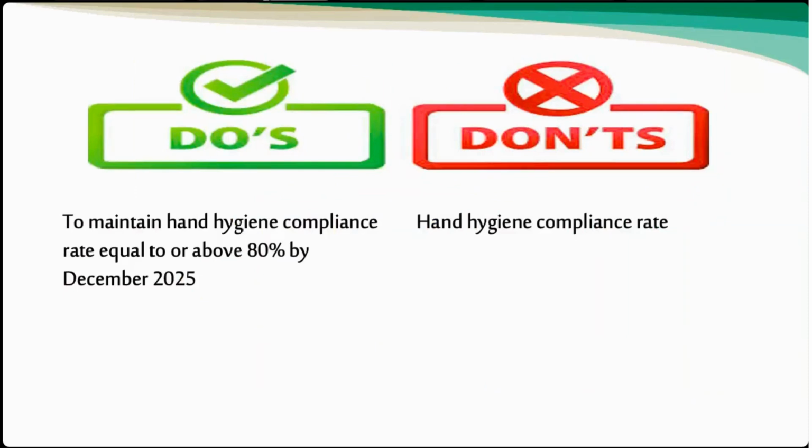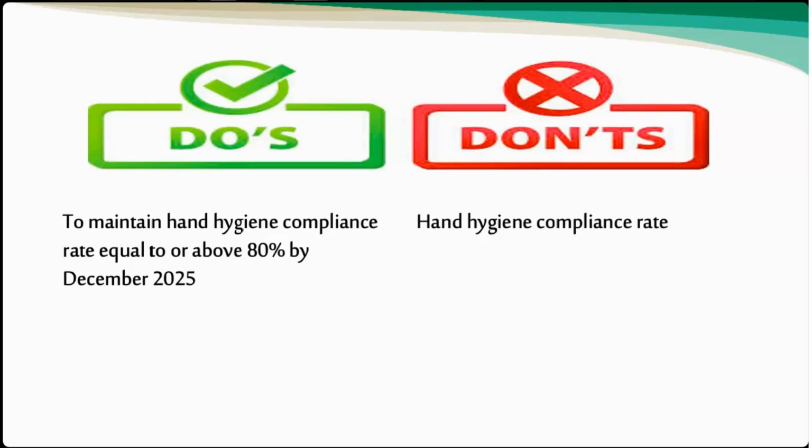So this is an example of how to write an objective. A SMART objective: to maintain hand hygiene compliance rate equal to or above 80% by December 2025. Why can we not use just hand hygiene compliance rate? Because hand hygiene compliance rate is a component of infection control surveillance, but it's not an objective, it's not measurable and not timely.